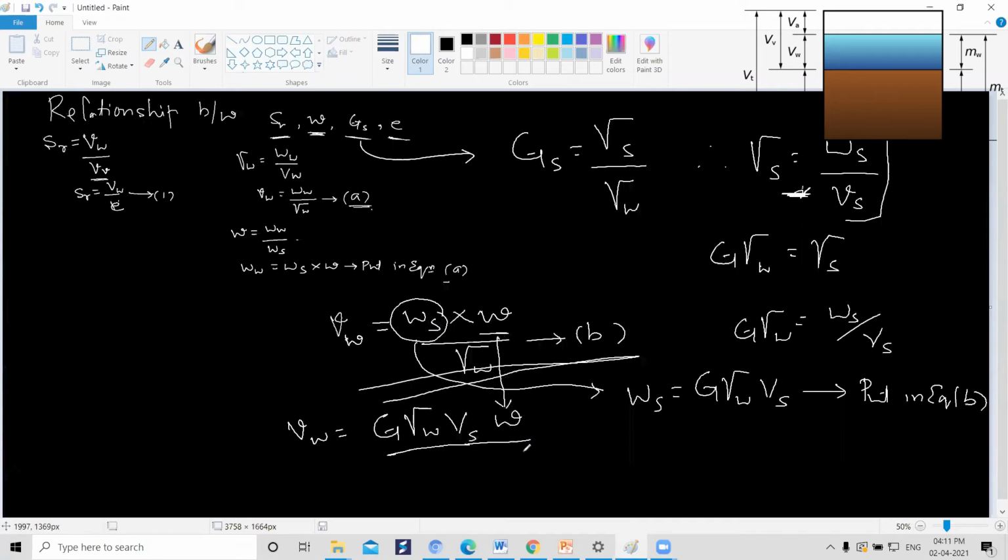Divided by rho W, unit weight of water. अभी यूनिट वेट ऑफ वाटर यहाँ पे कैंसिल हो गया, तो क्या बचा तुम्हारा? VW is equal to G VS into W. Clear? This one put in equation 1.